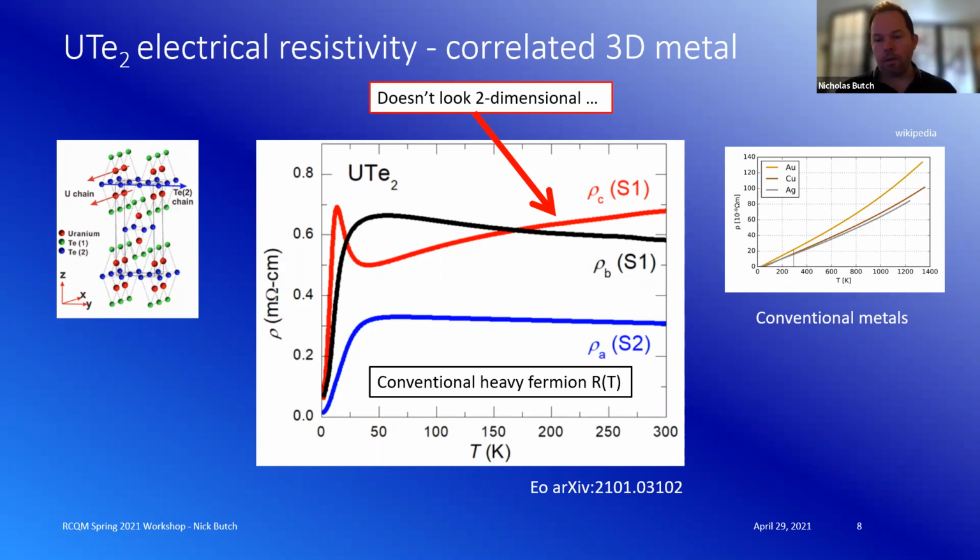Rho C is fairly recent in terms of how confident we are in its details. I am not saying that rho C is not a heavy fermion resistivity, but certainly it has a positive slope. And then as Anya pointed out, it has this funny peak shape. What exactly is that due to?